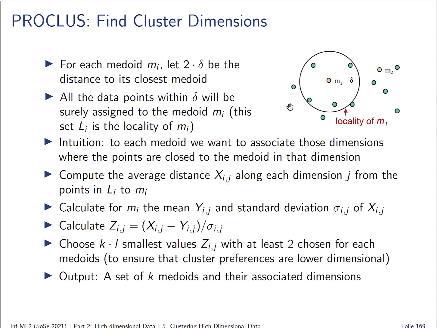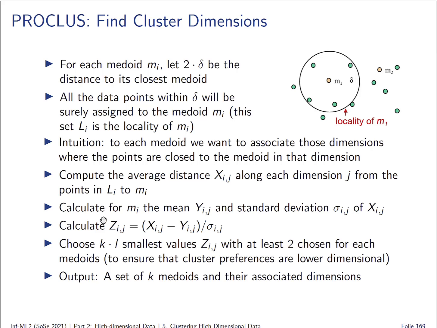For the first attribute, maybe the x-axis, we just compute the distance of each point to M1 and average this. That would be the first entry in this kind of vector. And for the second feature, we do the same, and we do that for all medoids based on all the corresponding localities of the medoids.